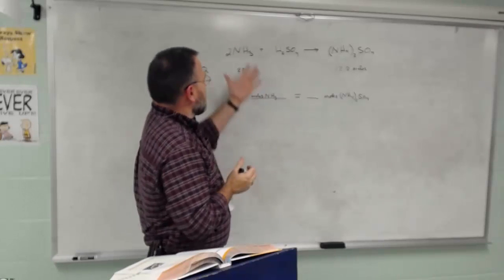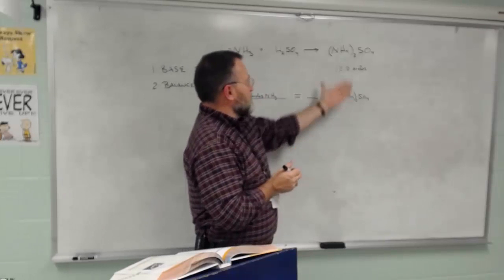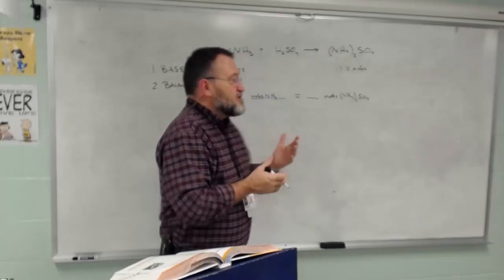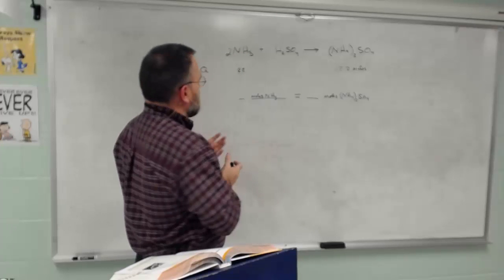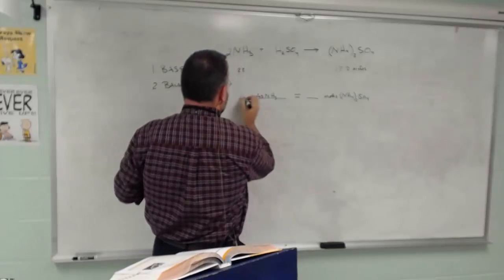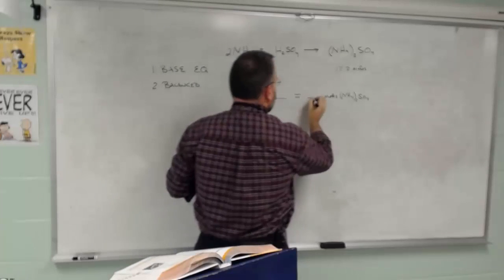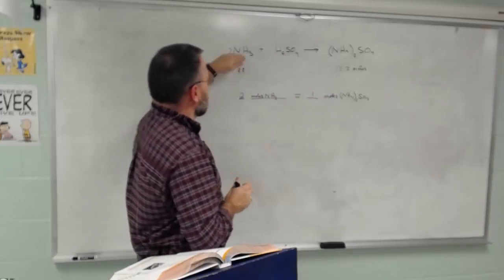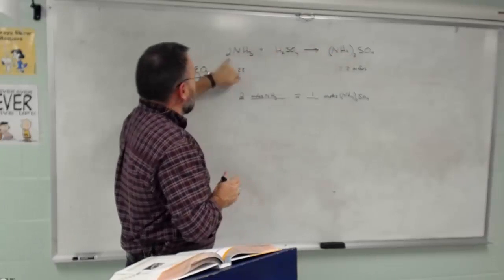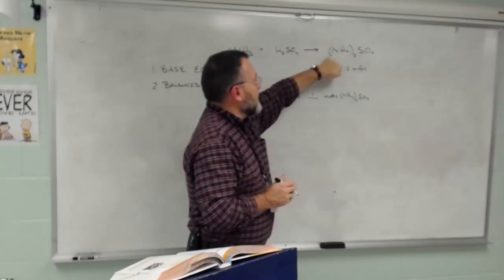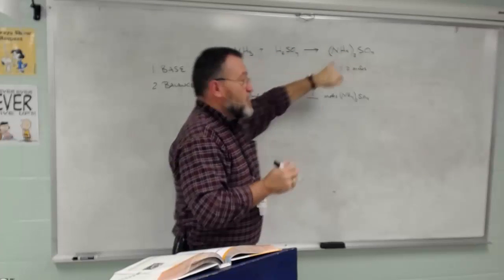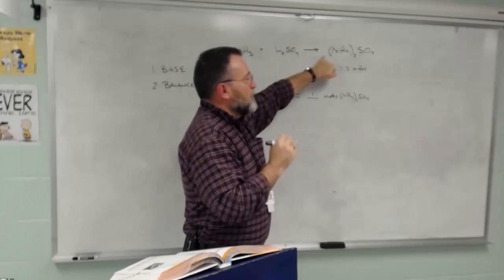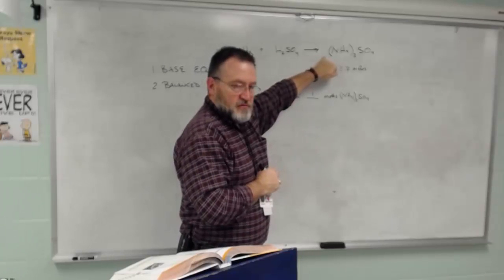How do the moles of ammonia relate to the number of moles of ammonium sulfate? Just look at the stoichiometric coefficients, right? 2 moles relates to 1 mole. This equation tells me that 2 moles is related in some way to 1 mole. And in the same way, 1 mole of sulfuric acid is related to 1 mole of ammonium sulfate.